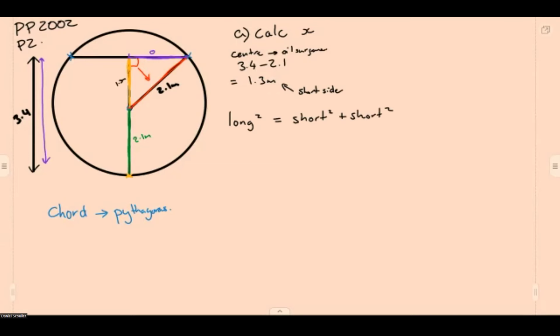The inverse of that, if we want to find a short side, we can rearrange as long side squared minus a short side squared. Remember to square them. We're trying to find that purple side, that's our unknown.